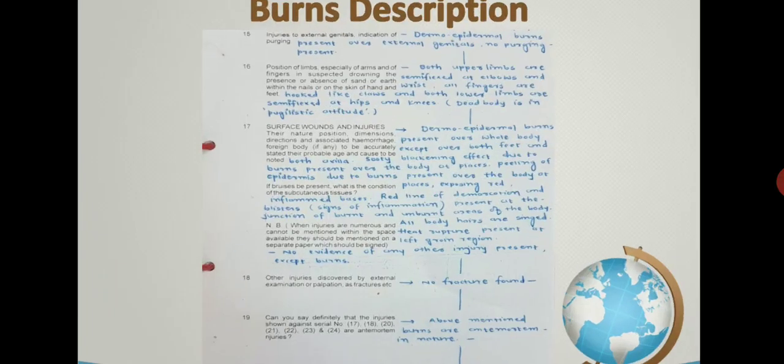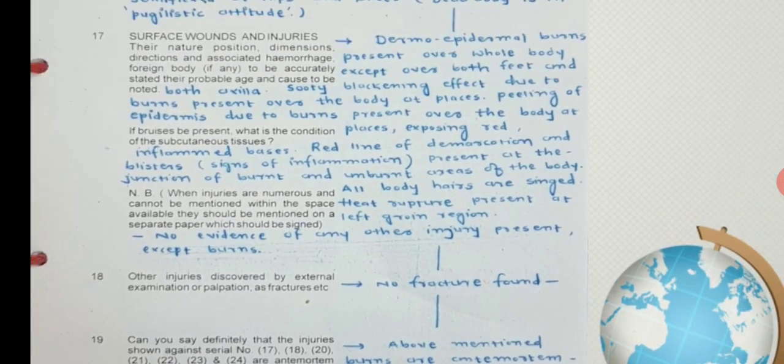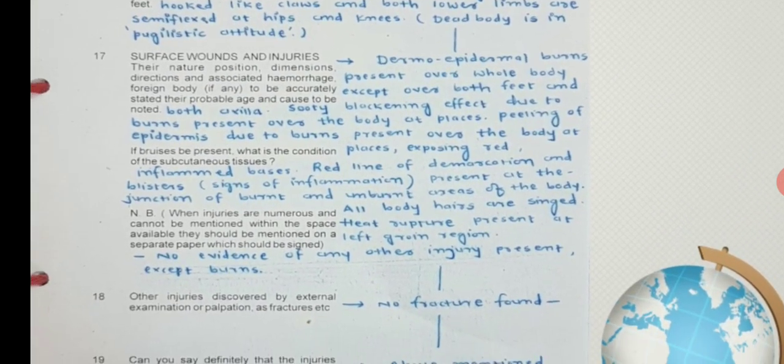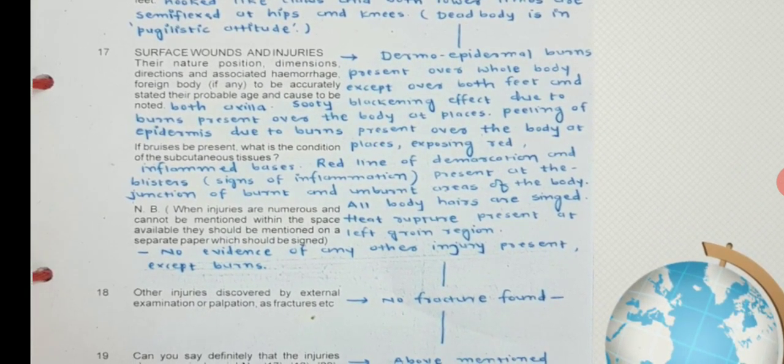There is a simple description given in column number 17, like degree. So dermoepidermal burns are present over where? Over the whole body except both feet and both axilla. Sooty blackening due to burns is present over the body at places.